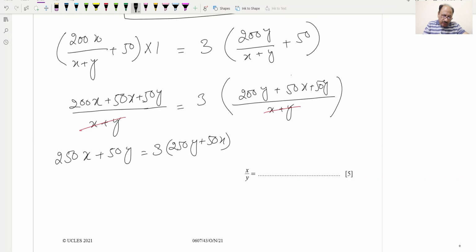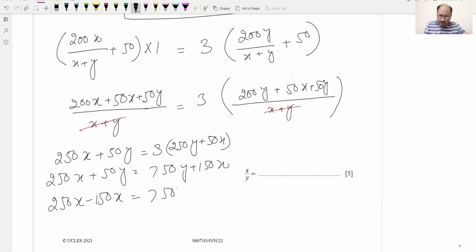So 250x plus 50y is equal to 750y plus 150x. Now we can shift x to the other side, so it will be 250x minus 150x is equal to 750y minus 50y.